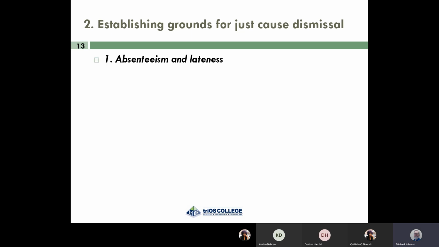So, establishing grounds for just cause. Well, there are a couple of areas. Absenteeism is a big one. Remember, companies are paying you because they needed you to be present, doing some function or some job or some task that had to be accomplished. And by your not being there, it can't be done.